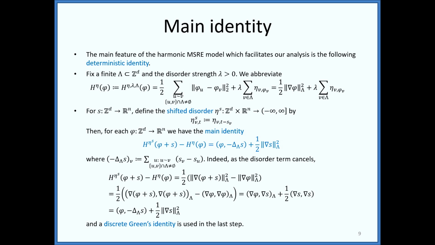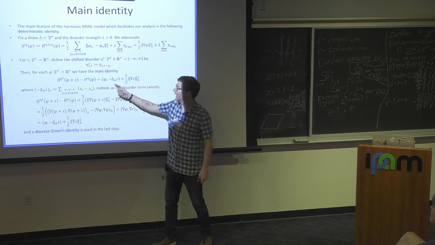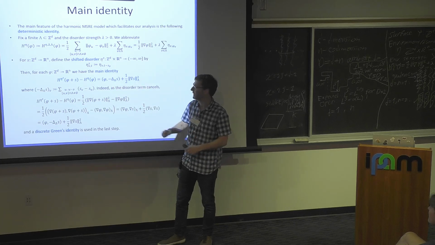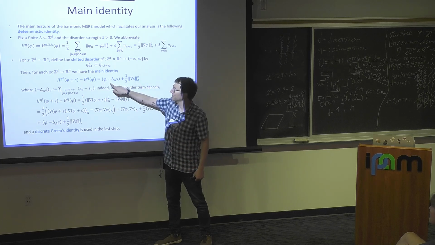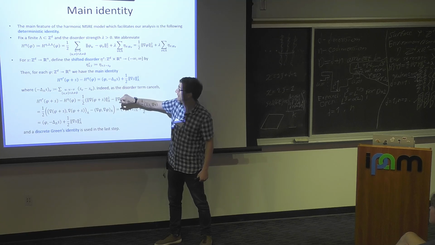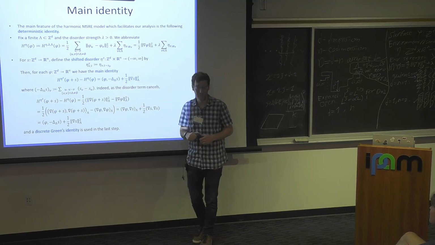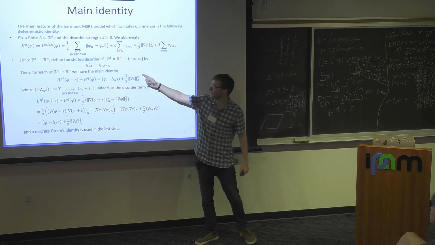I look at the shifted surface in the shifted disorder, and I take the energy of that compared to the old energy. Then that has a simple formula that does not involve the disorder. It is the inner product of the surface with the Laplacian of the shift and the Dirichlet energy of the shift itself. And this is an equality.